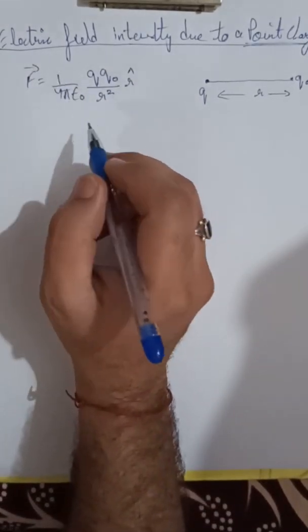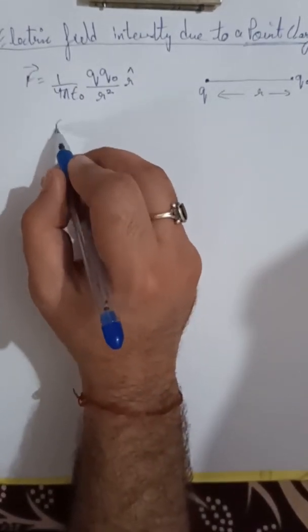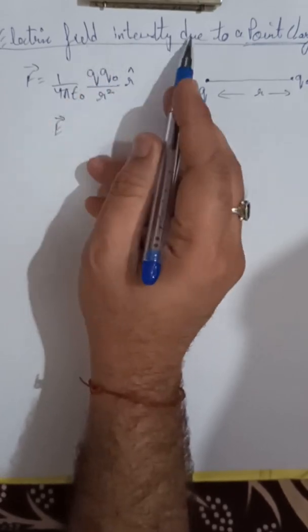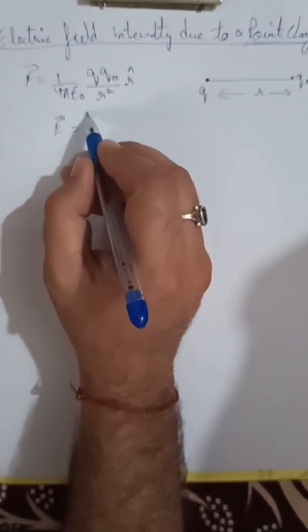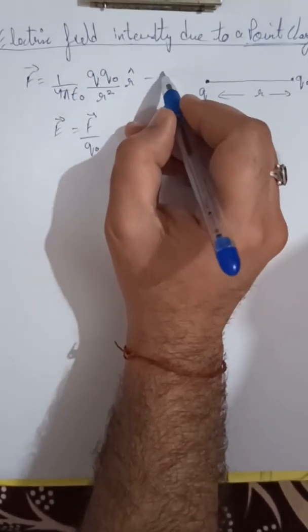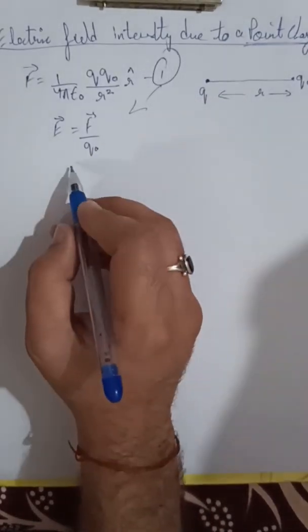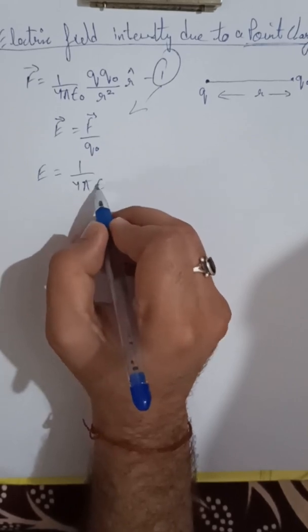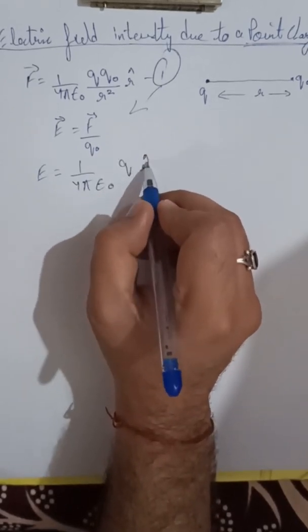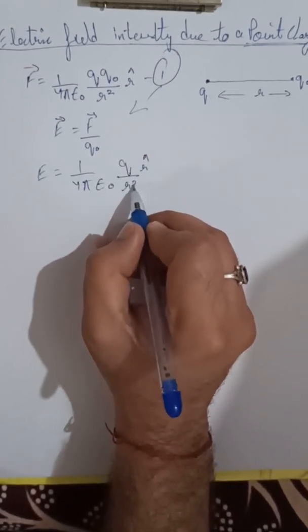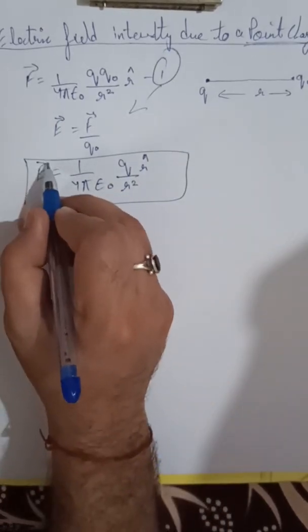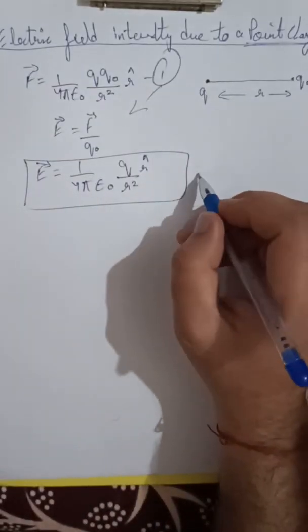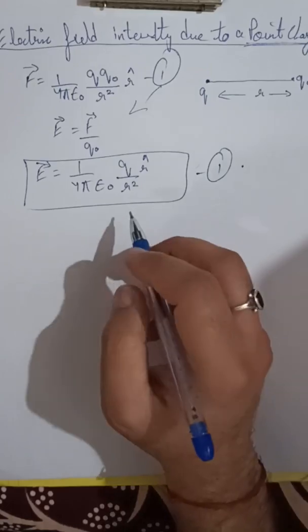And beforehand we have given the relation between electric field intensity and force, E is F upon q naught. So putting this in, we get E is equal to 1 by 4 pi epsilon naught Q upon r square. This is your electric field intensity due to a point charge.